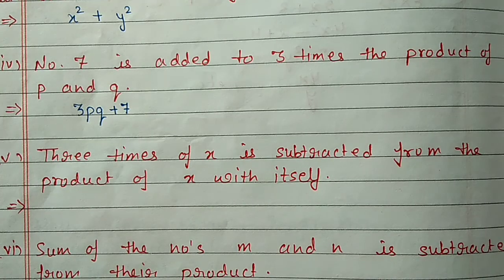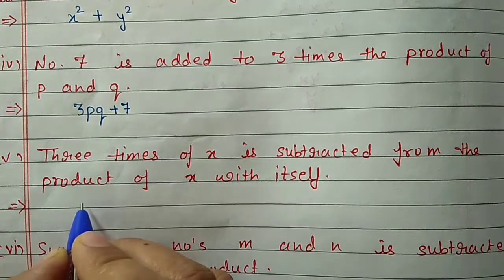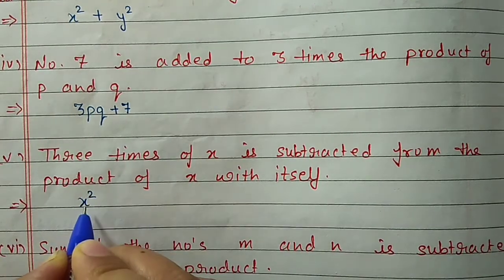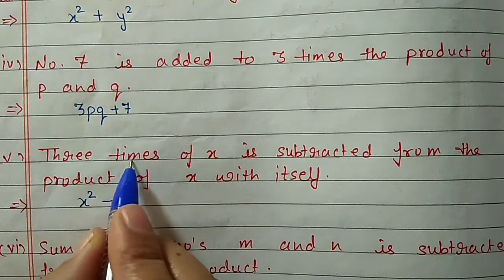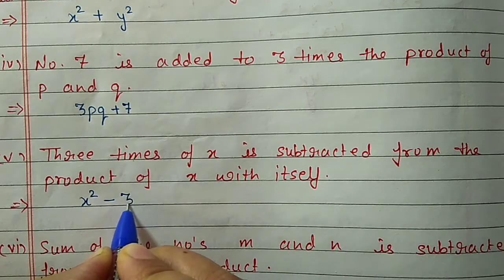Next, fifth part. 3 times x means 3x. We have to subtract it from the product of x with itself. x with itself means x into x, and x into x becomes x square. From this we have to subtract 3 times x, means 3x.